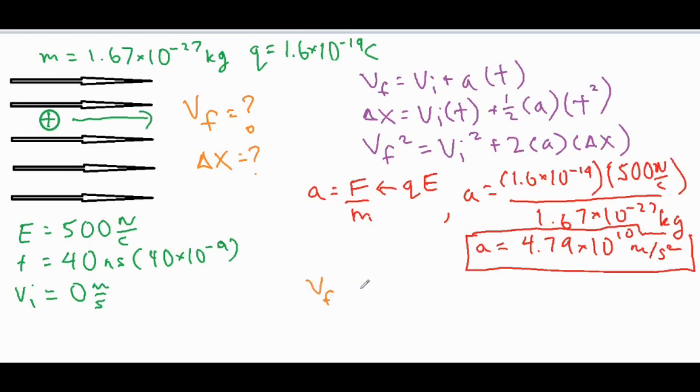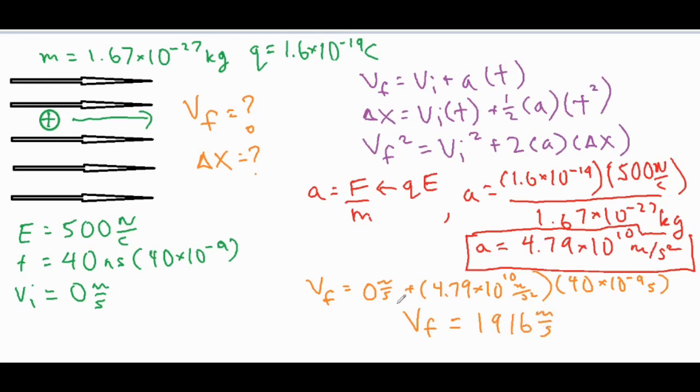So VF is going to equal 0 meters per second plus our acceleration times our time, and then our final velocity is going to come out to 1,916 meters per second.